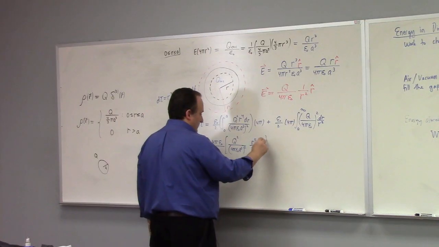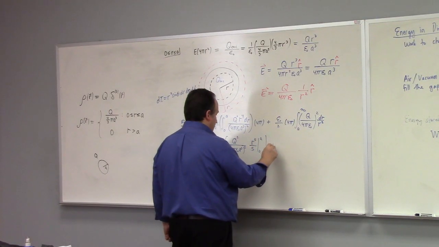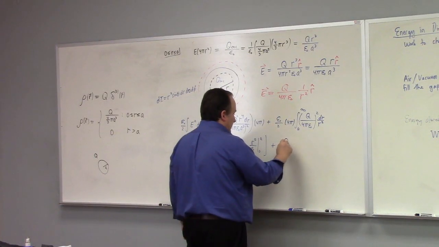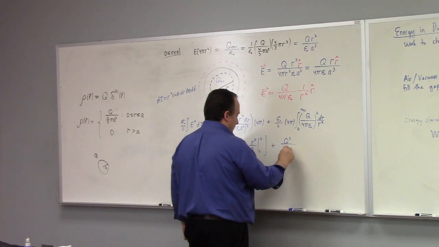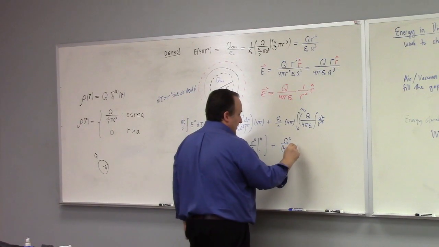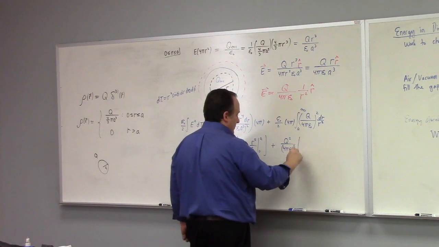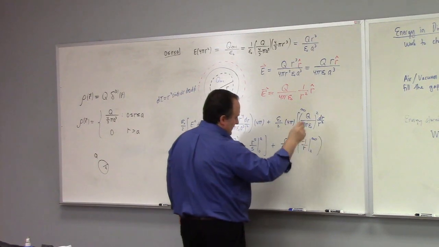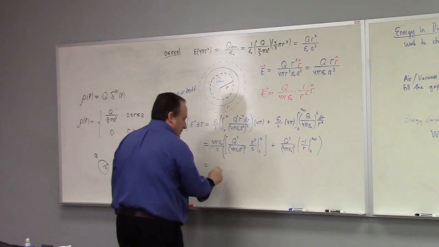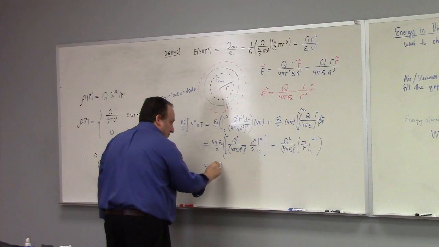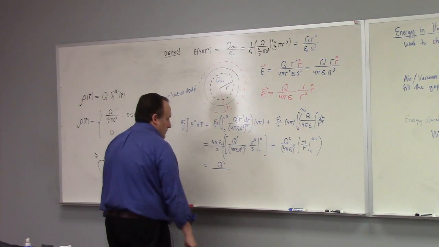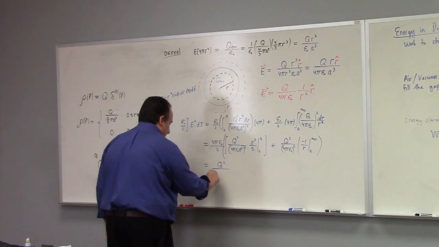Now that's not so bad. And then plus Q squared over 4 pi epsilon naught squared, and then we've got minus 1 over r evaluated from a to infinity. Now the infinity is harmless. And lo and behold, we've got Q squared divided by, looks like, 4 pi epsilon naught.